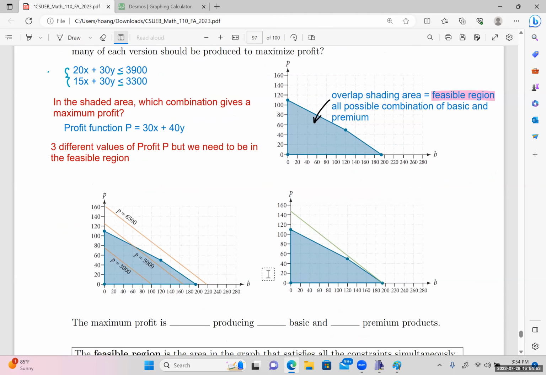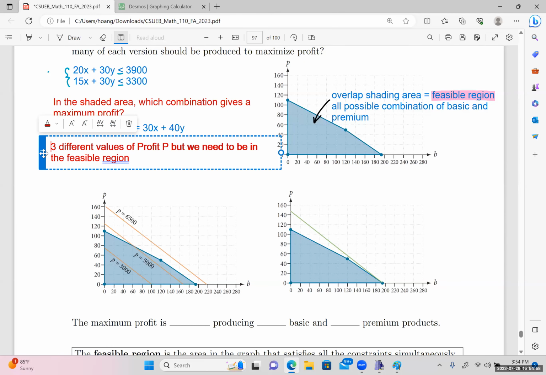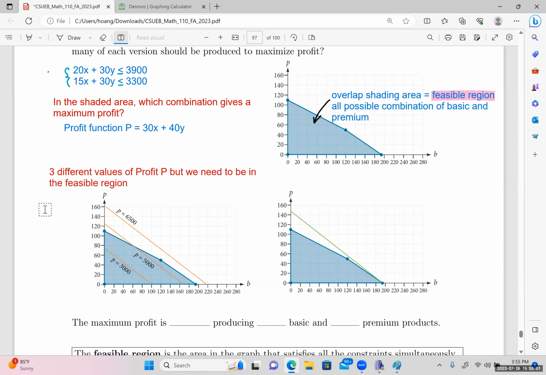So take a look at this now. You see down here, if I draw the line for 30x plus 40y equal to something over here, let's say I have this line, I will have a profit of $6,500.